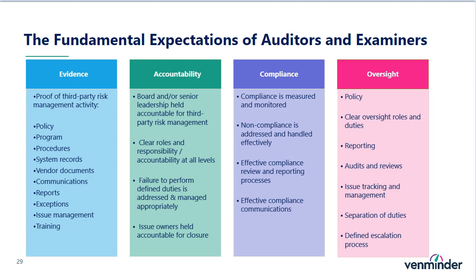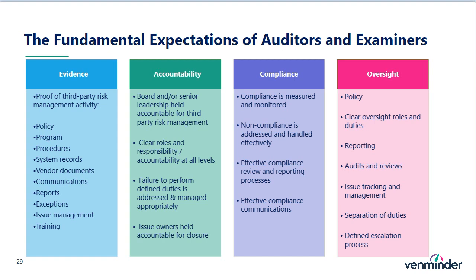And then finally, there is oversight, and this is probably the cherry on the top of the sundae. They're going to want to look at that policy, and they're going to want to make sure that roles and responsibilities are clear and that there's appropriate reporting and review of the third-party risk management program. And this is why you always hear that the board should be getting regular reporting about the program, because they are responsible for oversight.